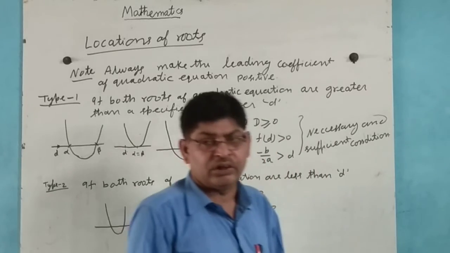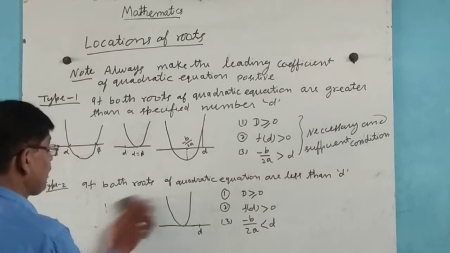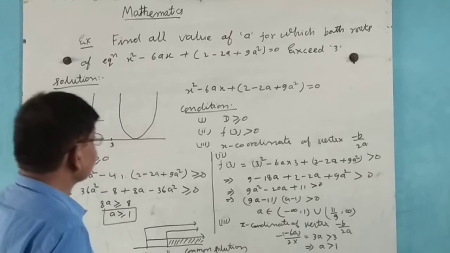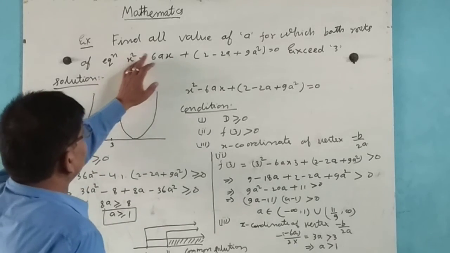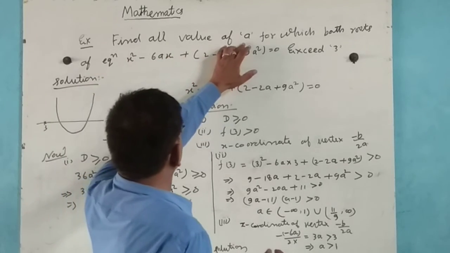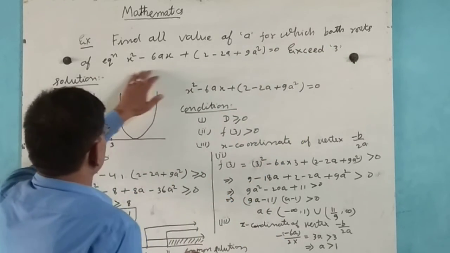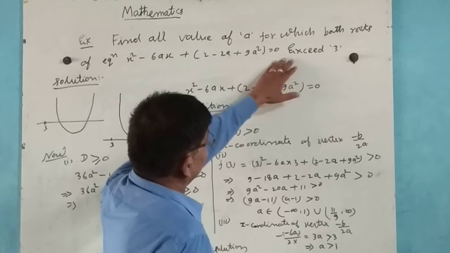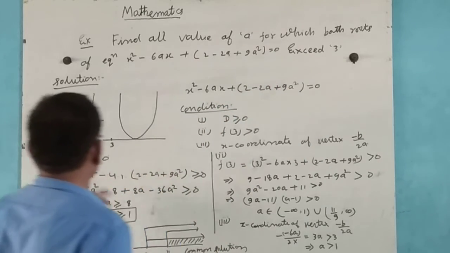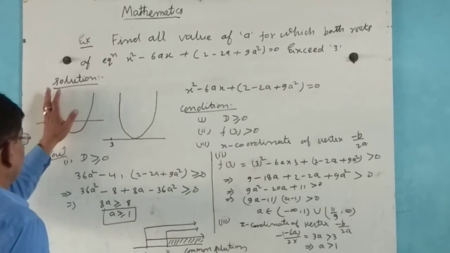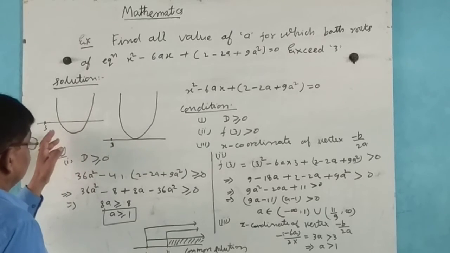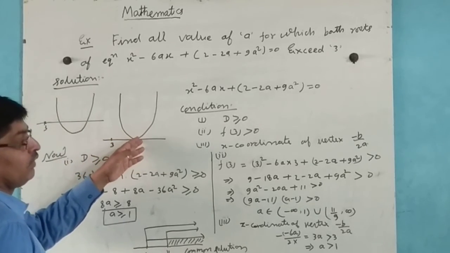Now we take a problem. Find all values of a for which both roots of the equation exceed 3, that is, are greater than 3.